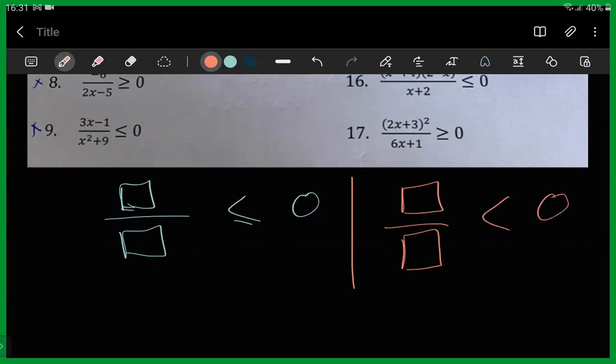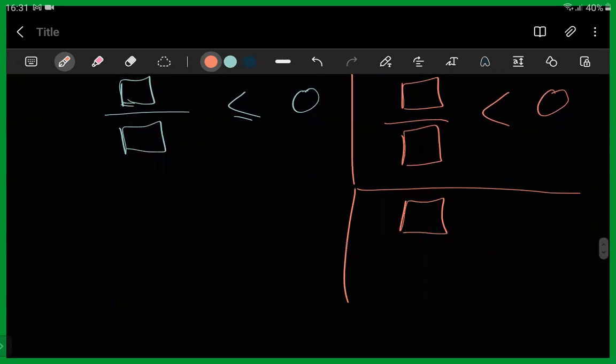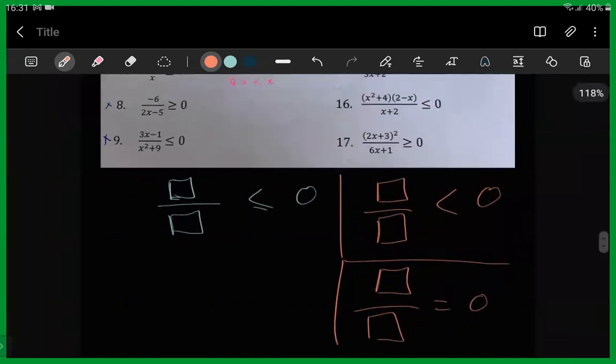We have to deal with where this is smaller than 0, and then where that same fraction is equal to 0. Do you agree? Yeah, I agree. So what we can do is work these out individually, and in the process we should then be able to merge the answers so that we end up with something that makes sense.